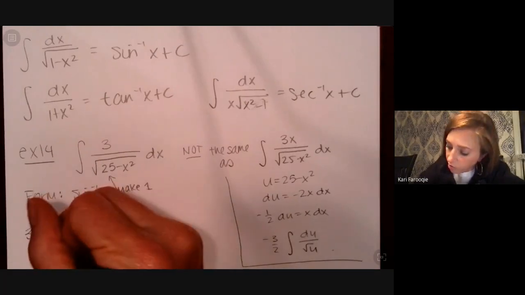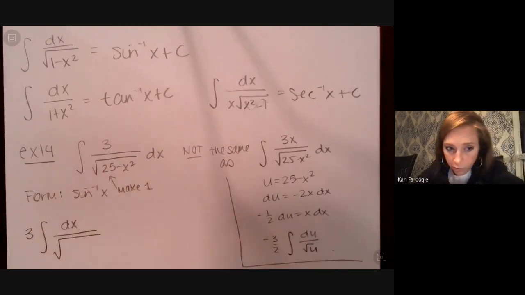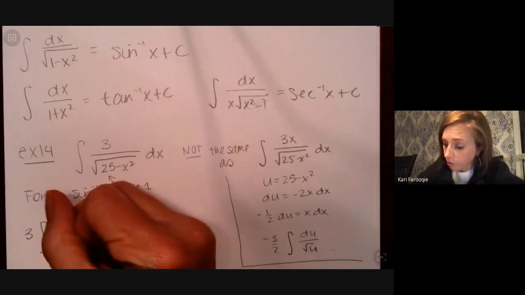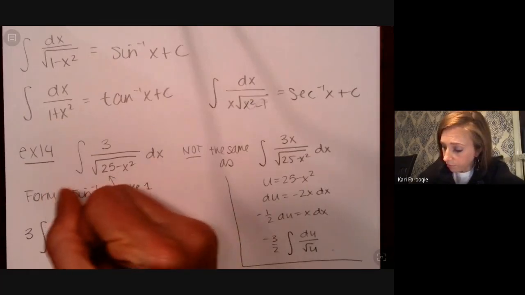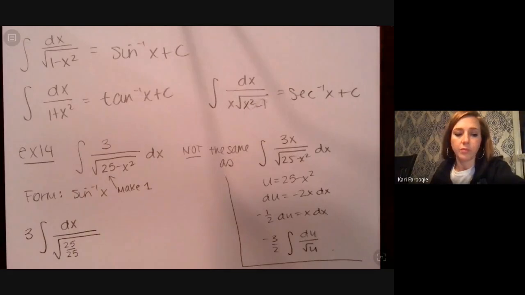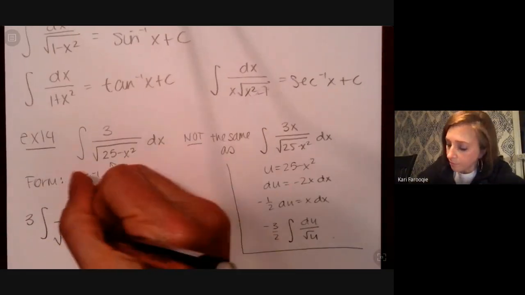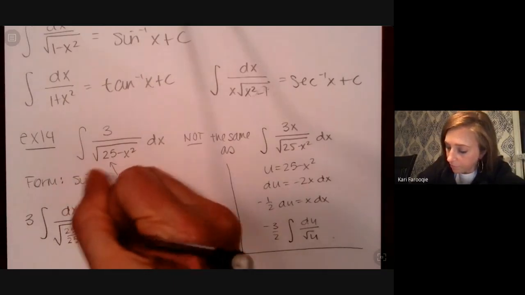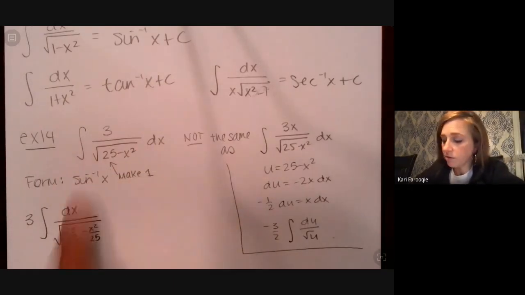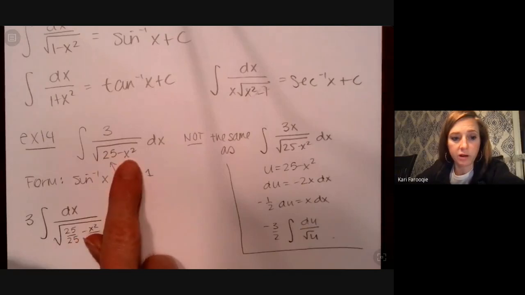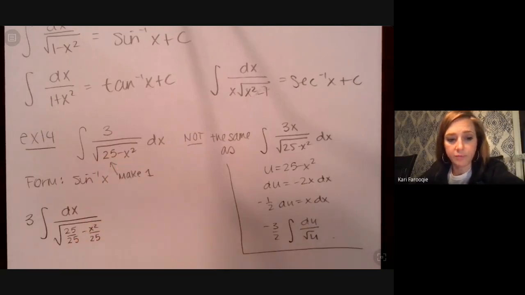Now, if I'm going to make the 25 into a 1, I'm just going to divide it by 25. Seems simple enough, right? However, if I divide this term by 25, I have to divide that term by 25. Now, what I've really done is I've divided by the square root of 25 in the denominator.